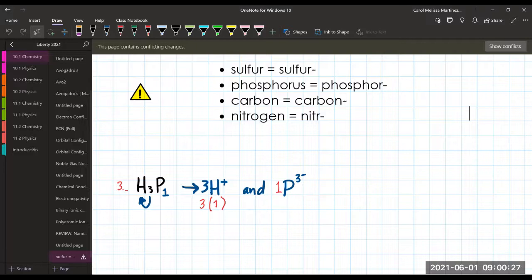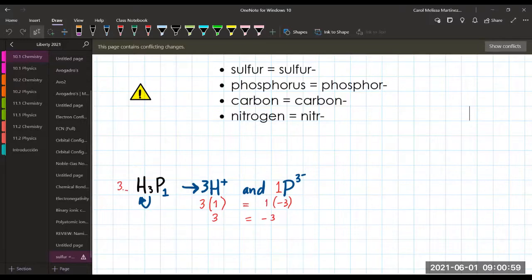So if you need to get it, it will be 1 times negative 3. The charges must be balanced, which means that they must have the same number but with different sign. 3 times 1 gives me 3, and 1 times negative 3 is going to give me negative 3. With this, we make sure that the formula is balanced, that the formula makes sense.